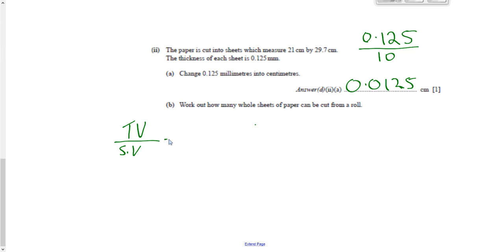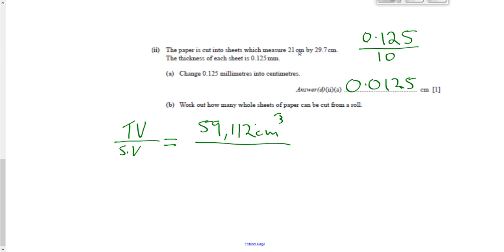The total volume from our answer before was 59,112 centimetres cubed, and we're going to divide that by the sheet volume.